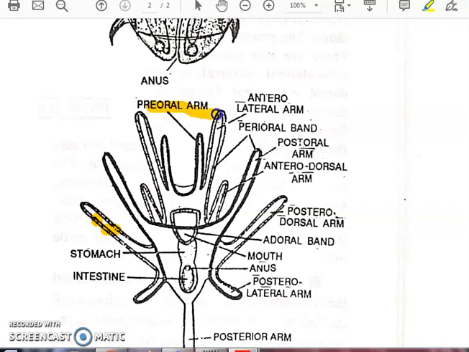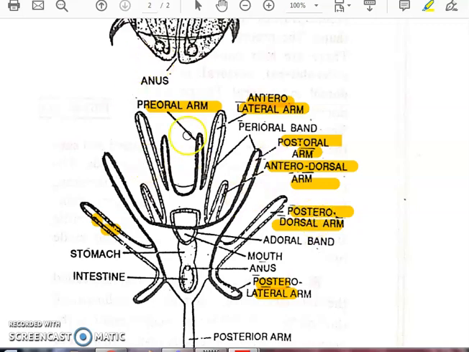The main 6 pairs of arms are: preoral arm, anterior lateral arm, postoral arm, anterior dorsal arm, posterior dorsal arm and posterior lateral arm. Sometimes the posterior lateral arm is absent, and sometimes the anterior dorsal arm is also absent if there are only 5 or 4 pairs.